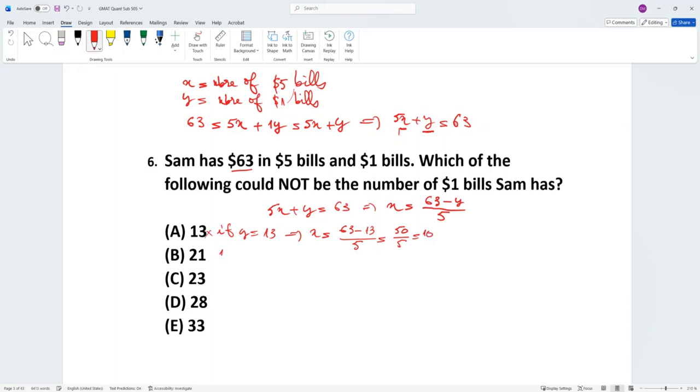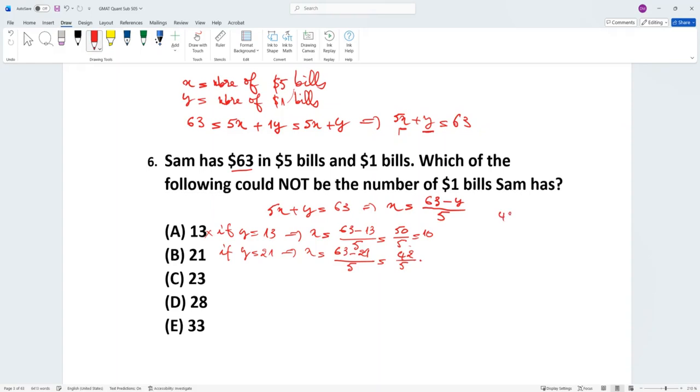So we definitely know that this cannot be the answer. Okay, we will try with 21. If y is equal to 21, then we will have 63 minus 21 over 5, and it's going to give us 42 over 5. So 42 is not divisible by 5. So this is definitely going to give us a decimal number.